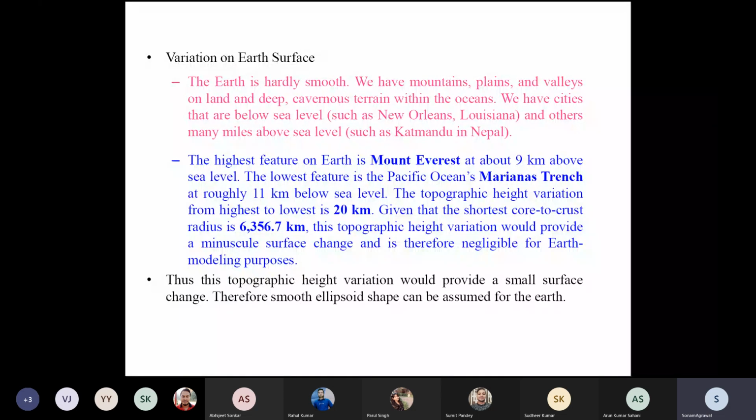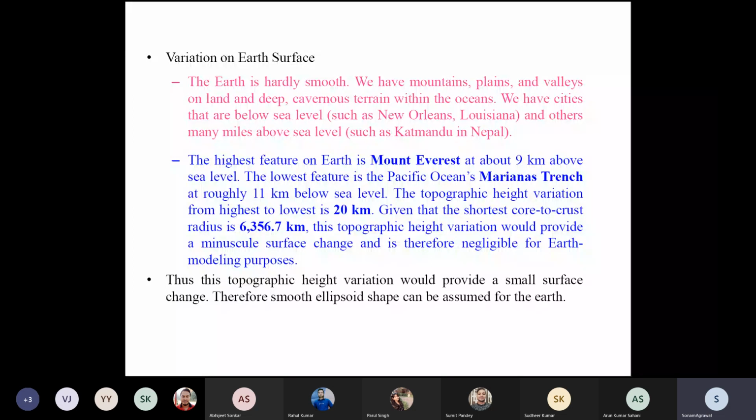And if you check the radius of the Earth, the shortest radius, the polar semi-minor axis, is 6356. So the value of 20 is much less as compared to 6356 kilometers. The height variation is there, no doubt about it. There is a topographic height variation on the Earth's surface.